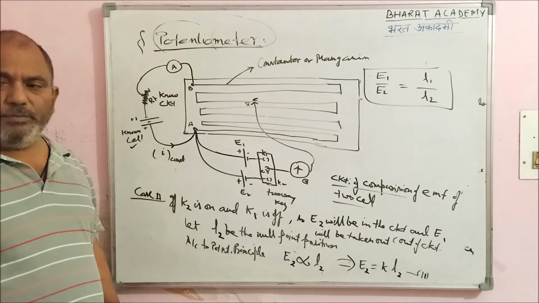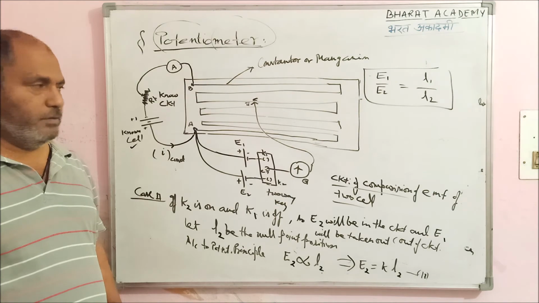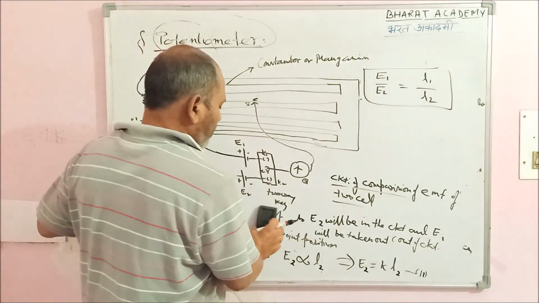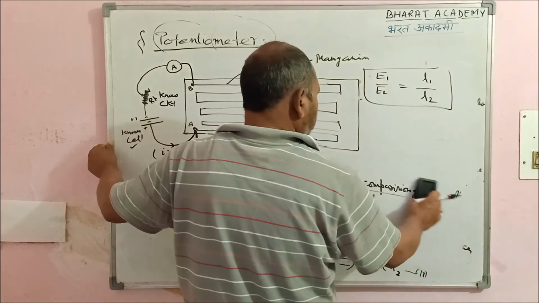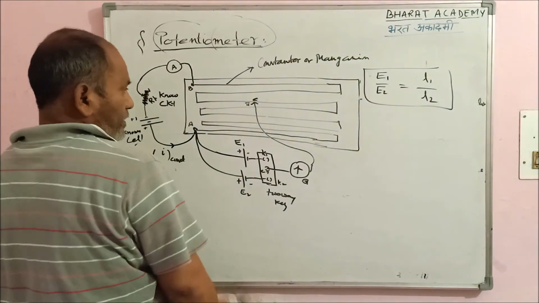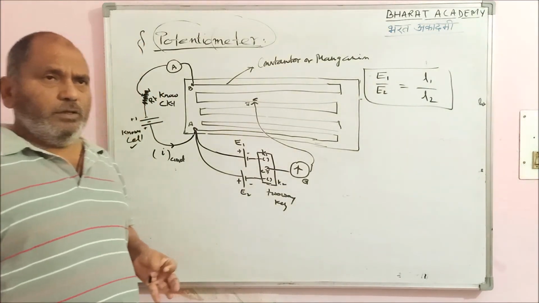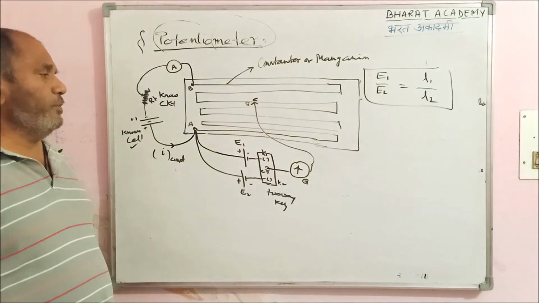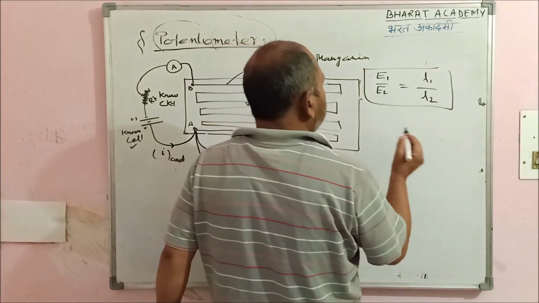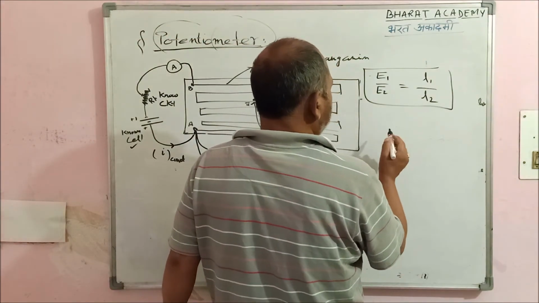That's how we do it in practical also. Right? This is the comparison of EMF by using potentiometer. So how we perform it in your lab is a bit different.